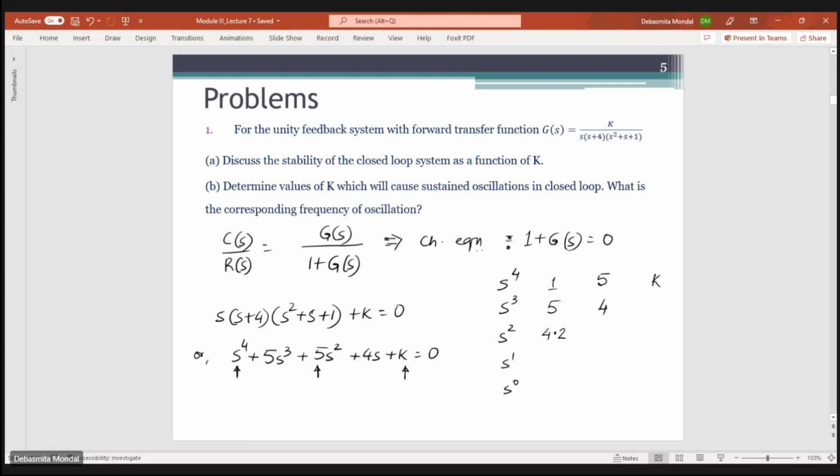Ma'am, K. Yes, the second term is K. Okay, fine. Then we'll move on to the next row.